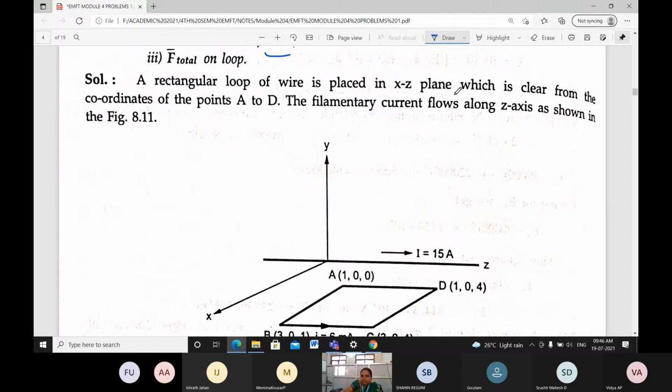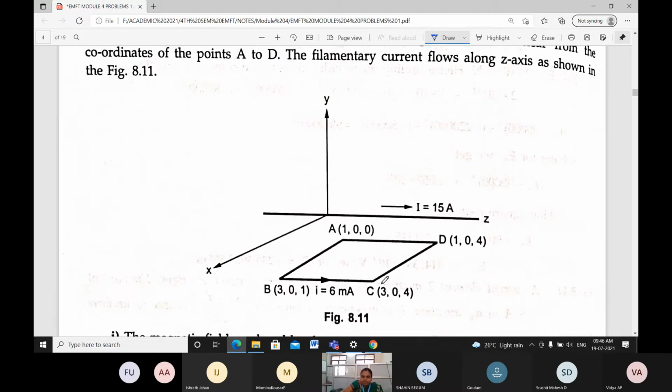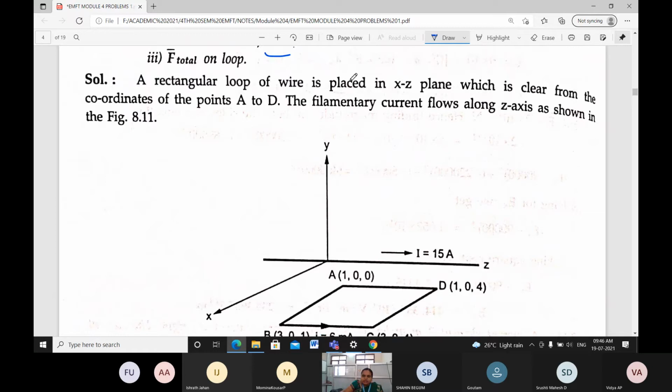This is the construction where the rectangular loop of wire is placed in the XZ plane, which is clear from the coordinates of the points from A to D. Therefore A, B, C, D are taken. The filamentary current flows in the Z axis. Observe here, this I is 15 amps.